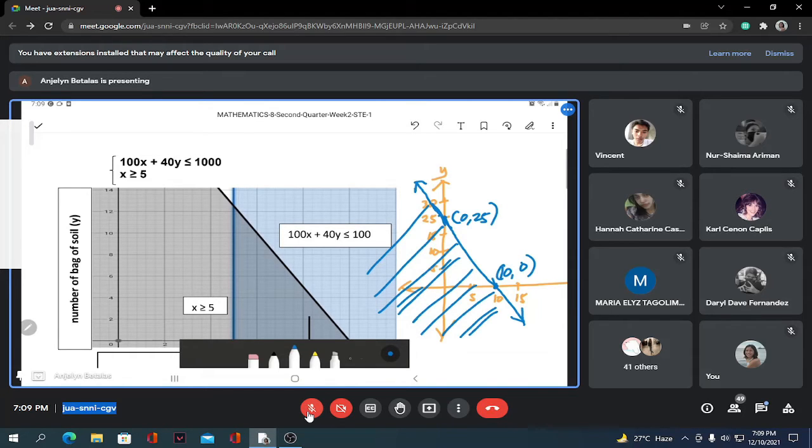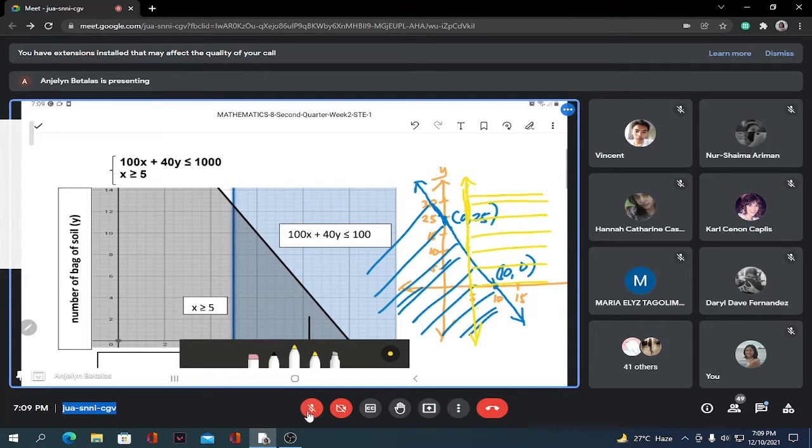Next is x is greater than or equal to 5. So, how is it? Then, shade to the right. Okay, those are positive values.